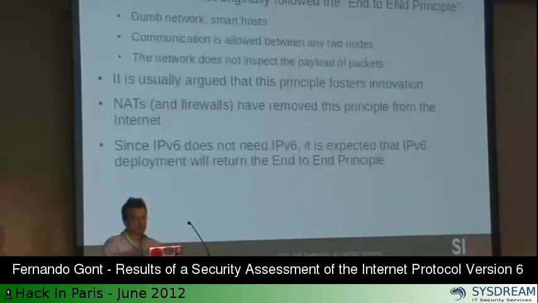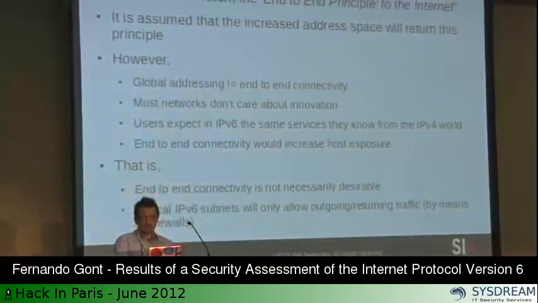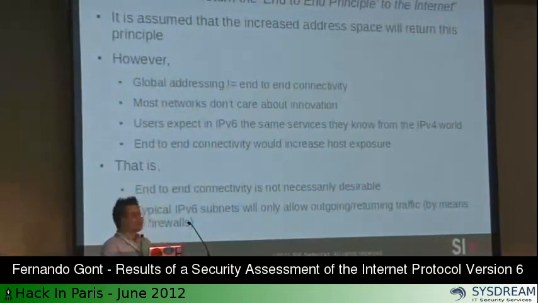Many people expect that since IPv6 by itself doesn't require the use of NATs because we have plenty of address space, as a result of IPv6 deployment, the end-to-end principle will return to the Internet. So this is the myth that is related to this aspect. Many people argue that with IPv6 deployment, the end-to-end principle will return to the Internet.